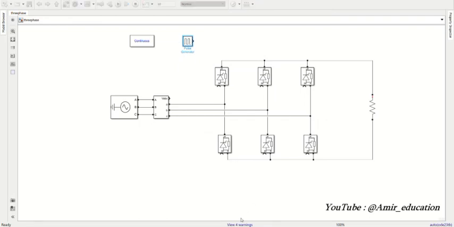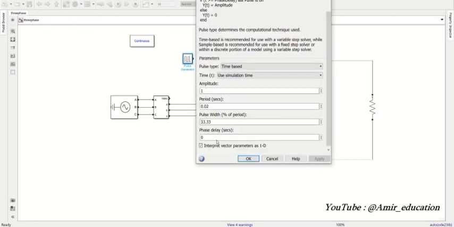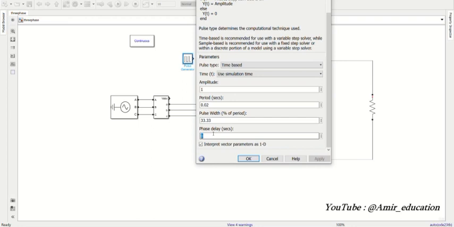So let's set our pulse generator now, so I can just copy it for the other pulse generators.